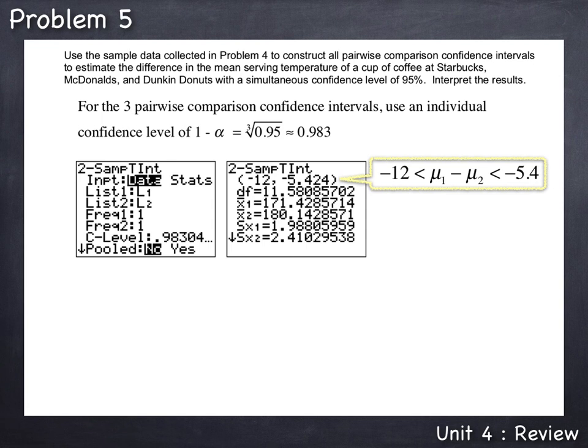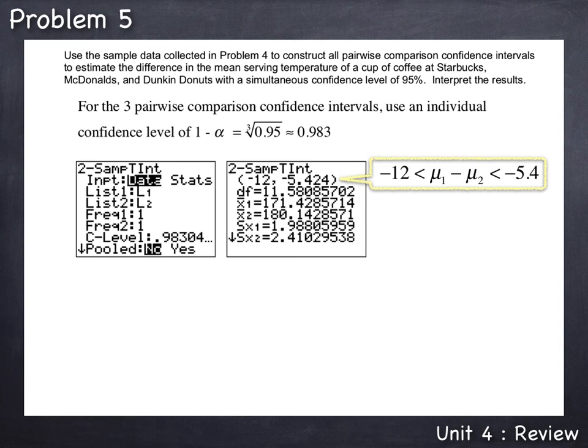Here, the estimate says it's somewhere between negative 12 degrees Fahrenheit and negative 5.4 degrees Fahrenheit. And this estimate is made at the 98.3% confidence individually. But in the end, when we combine it with all three of our intervals, we'll have a simultaneous confidence level of 95%.